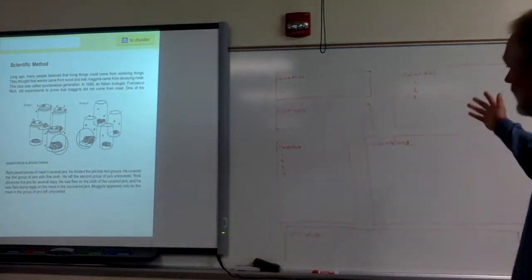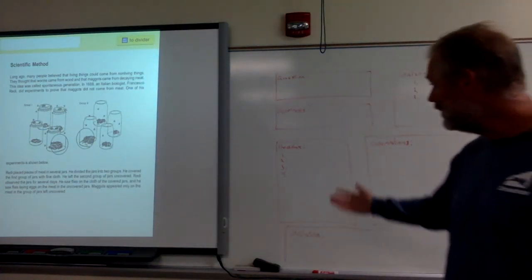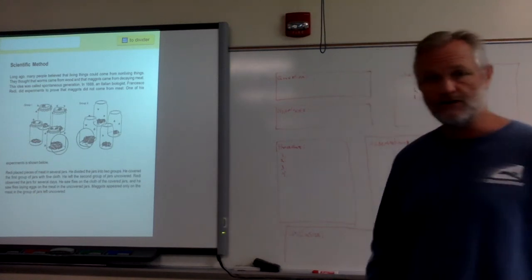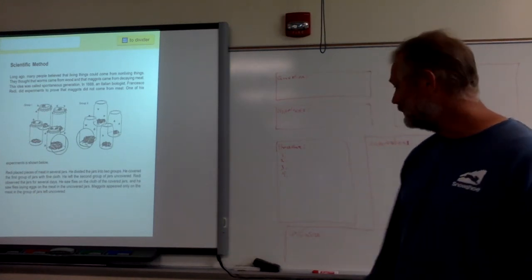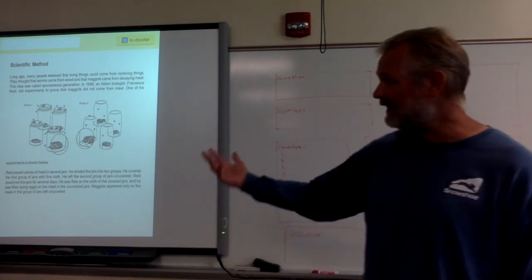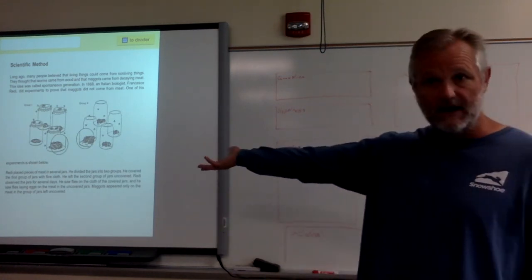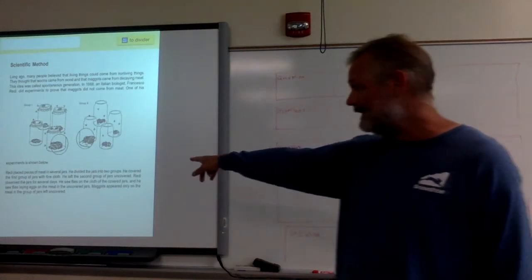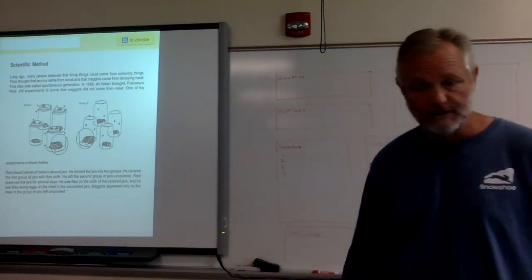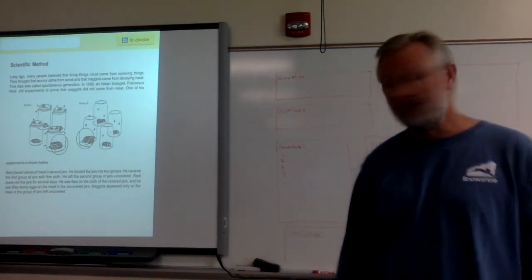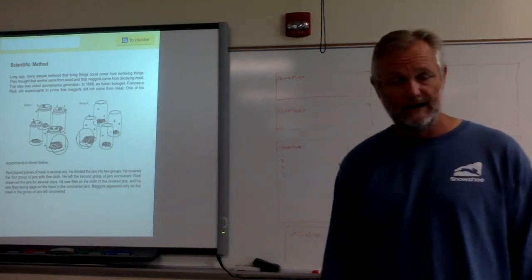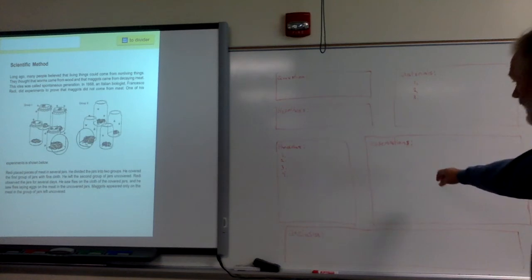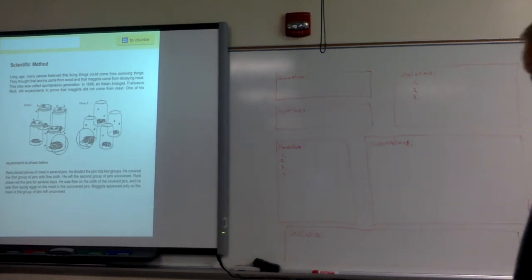So when he gets ready to run this experiment, what is going to be his procedure? Now, you don't have to do a super detailed procedure, but you have to make a kind of leap. He took the two groups of jars, put meat in them, and covered half of them. I don't mind you cutting and pasting whenever you're filling these in as well. Then finally, what were his observations?